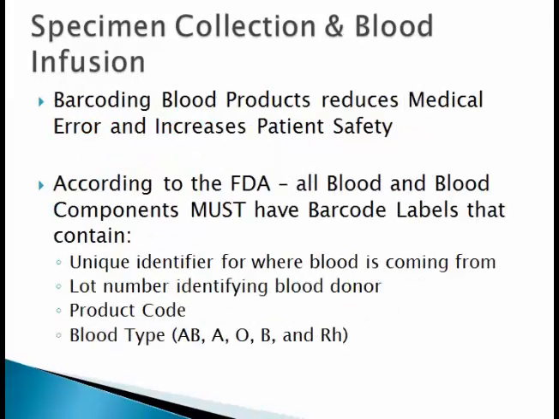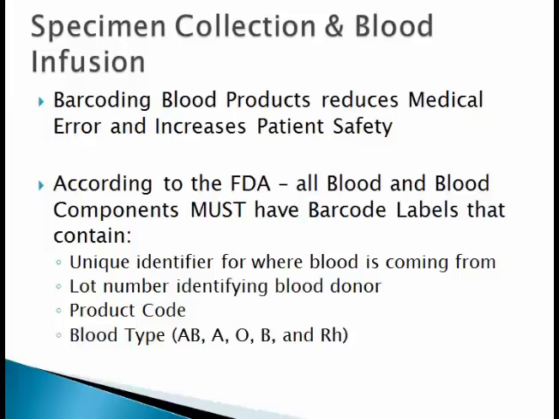Continuing on with specimen collection and blood infusion, I just want to mention a few other items. Barcoding blood products reduces medical error and increases patient safety. According to the FDA, all blood and blood components must have barcode labels that contain the following.